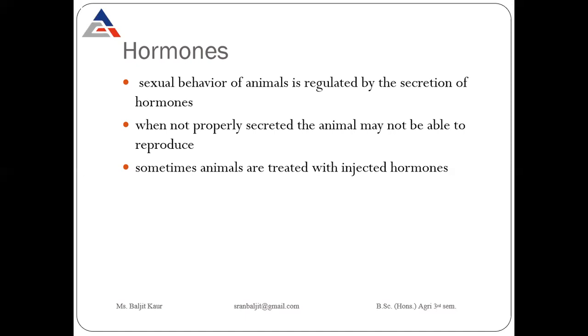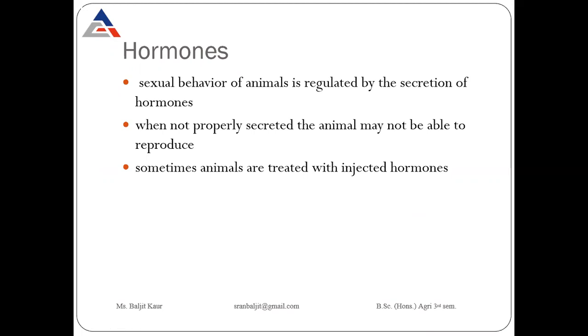Sometimes animals are treated with injected hormones. When no hormones are released or secreted by the body of the animal or the bird, sometimes these hormones are injected into their bodies. So hormones play an important role in reproduction.